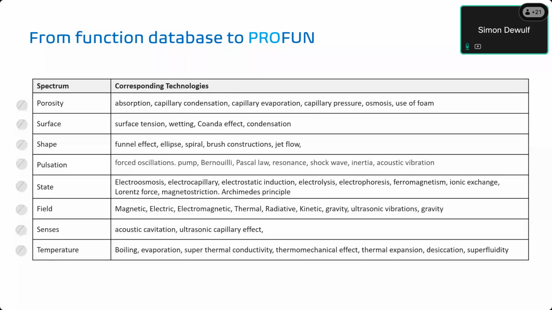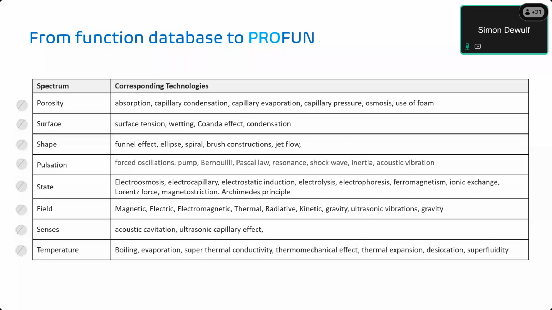If it's about absorption, you're using porosity. If it's about Coanda effects, you're using a certain surface, and so on. So what can be interesting is that now we can also connect basically all the technologies to properties, because there's a property that enables that technology, and that links to, for example, cavities for the function absorption.